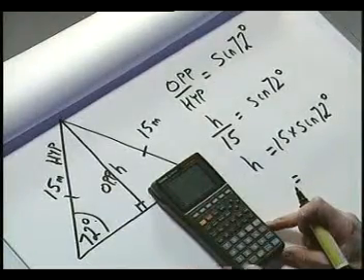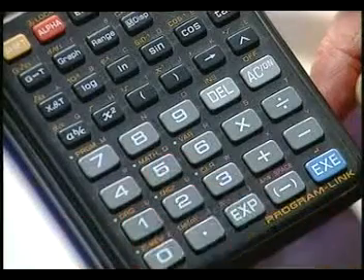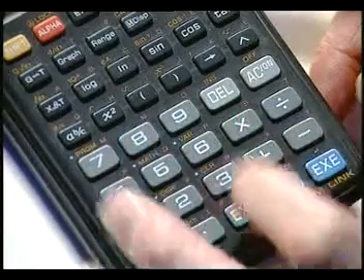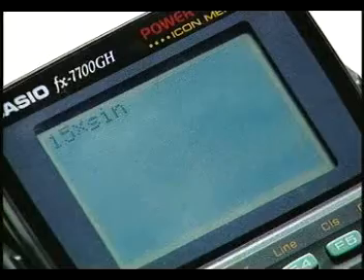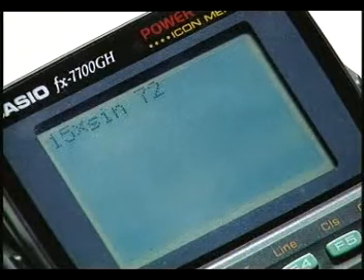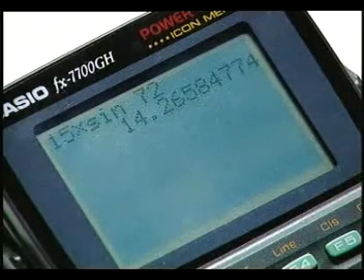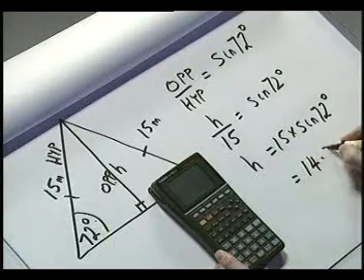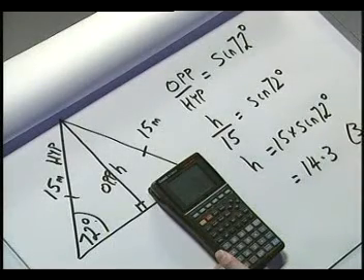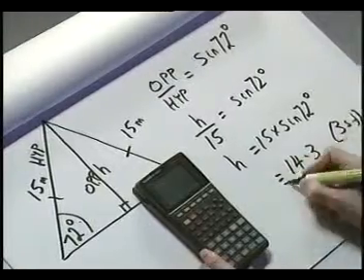And again, we're now at a stage where we need our calculator, and so we want 15 times sine of 72. And the answer we have is 14.3. And here we work to 3 significant figures.